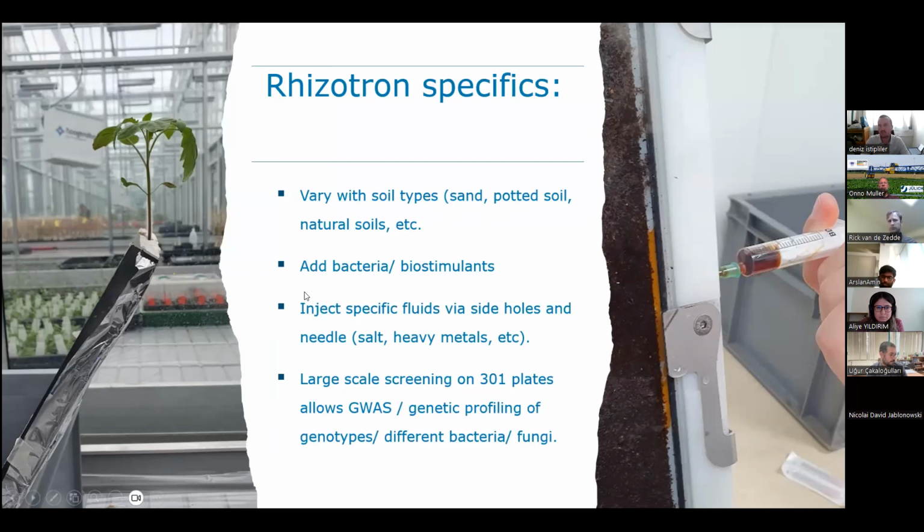We could add maybe specific bacteria or salt or biostimulants, or maybe even heavy metals. A colleague of mine actually did it the other way around. He sucked out fluids to analyze what's around the root. And we did it on as many plates as possible to allow GWAS to have a decent amount of control plants and treatment plants.